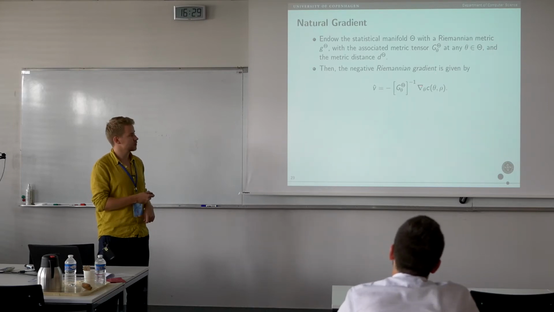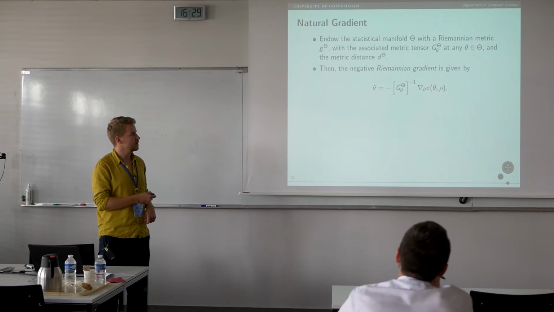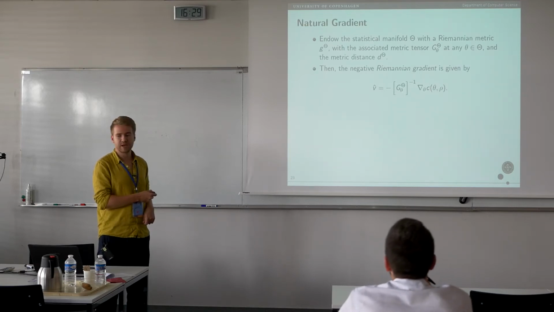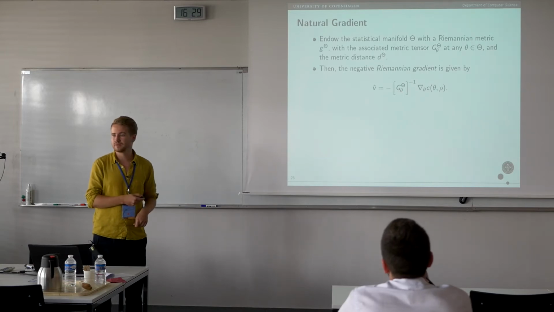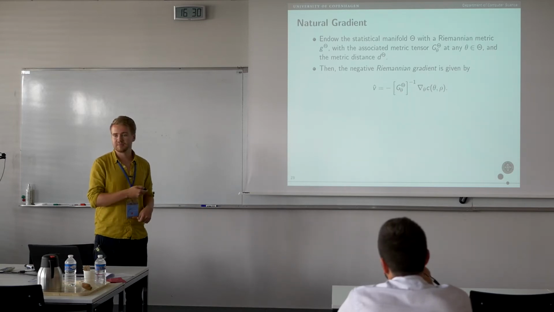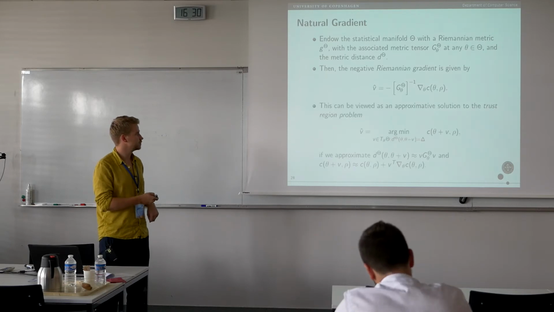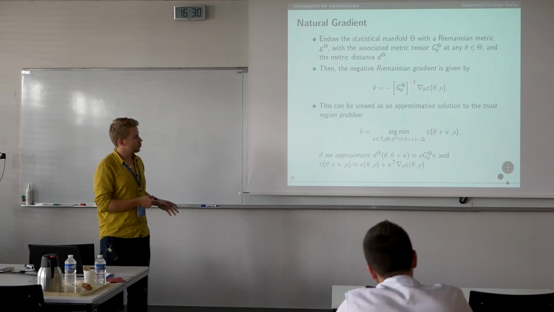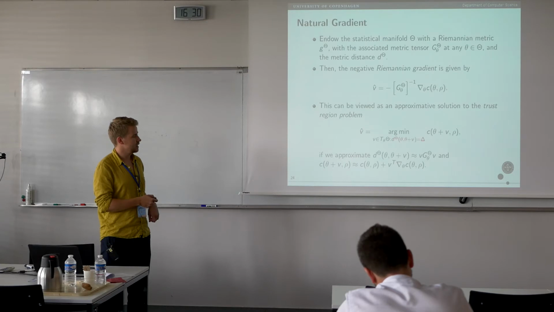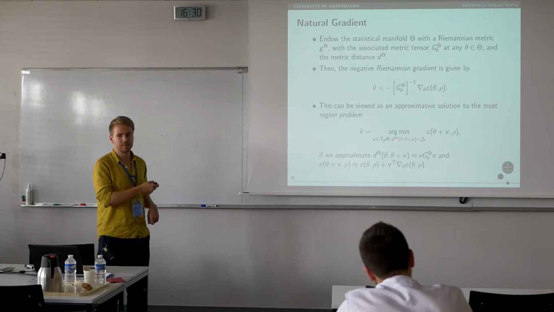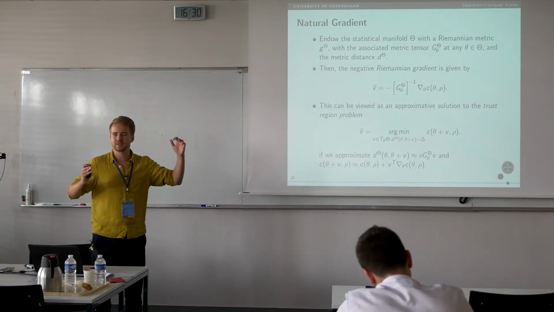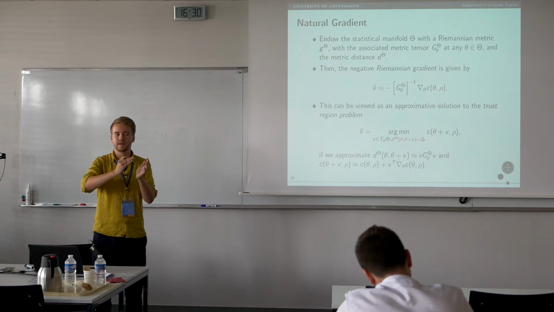So we compute just the Euclidean gradient here, but we have to precondition the gradient with the inverse of the metric tensor at that point. And that gives us the natural Riemannian gradient. Another way we can view this is in the same formulation as above with the visualizations, where we just keep shrinking the trust region.